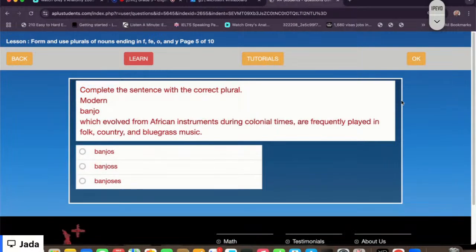Alright, so modern banjo, which evolved from African instruments during colonial times, are frequently played in folk, country, and bluegrass music.